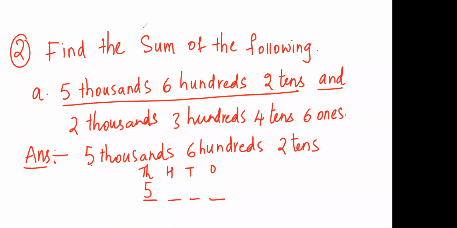How many hundreds are there? 600s. 2 tens is how much? 20. Right, children? No ones number is given here, so you place 0 under ones place. It is nothing but 20. Got it? So the standard form of this word form is 5,620. Take down till here, children.